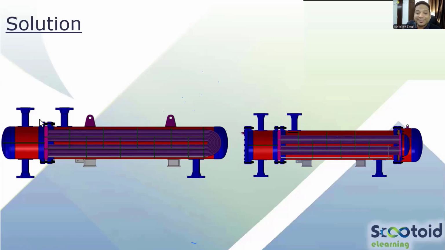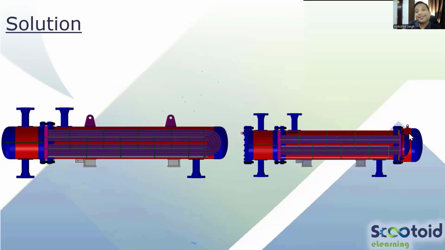Because if you see in U-tube, there is a bend. Okay. And the tubes are connected to only one end, which is the tube sheet. So tubes are flexible because of the bend, and they are connected to one side. So there is no problem of relative expansion between shell and tubes. Okay. So that is how you avoid it in U-tube.